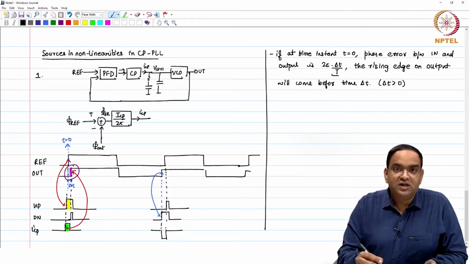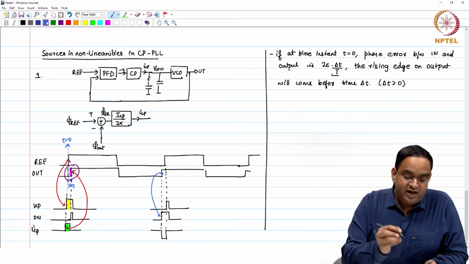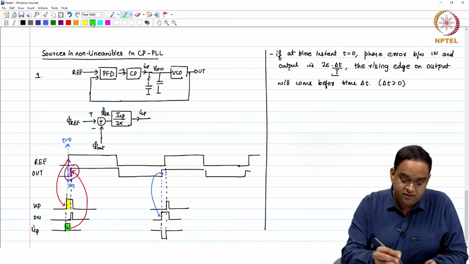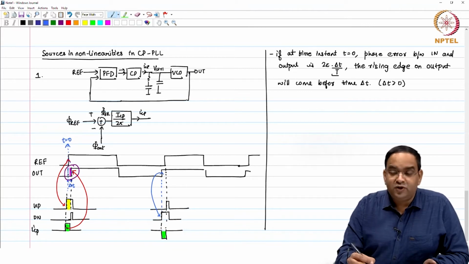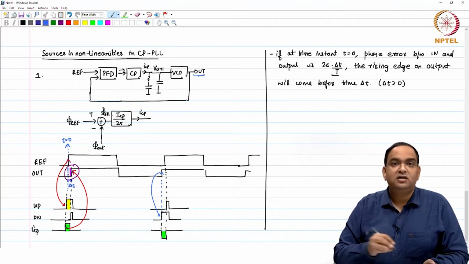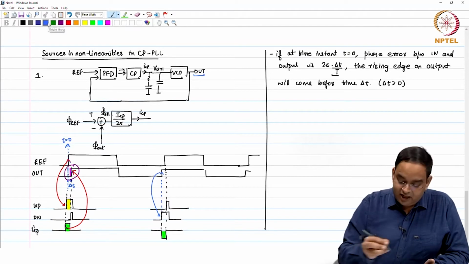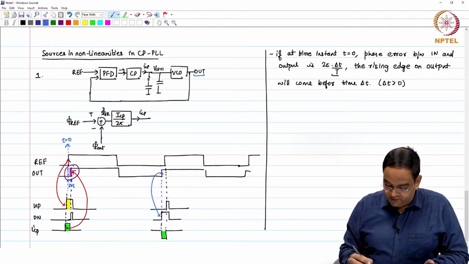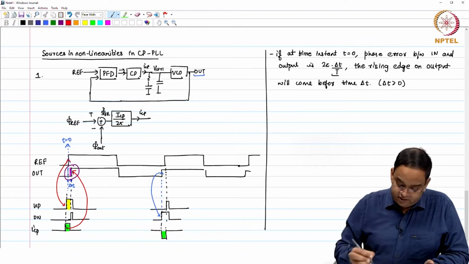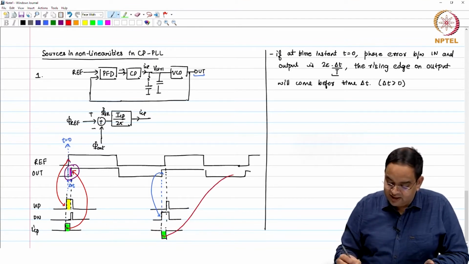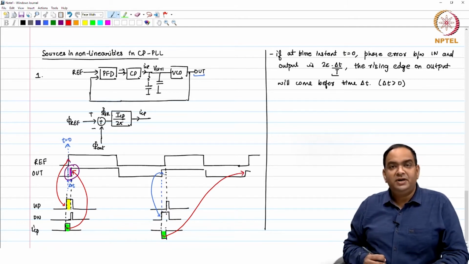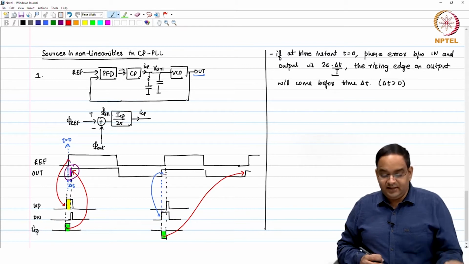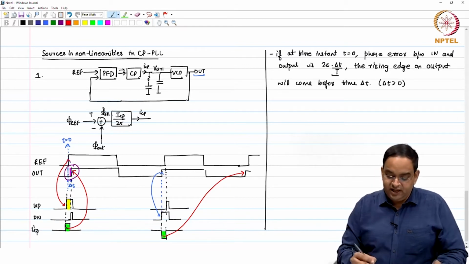So, the current reduces the control voltage, and when it reduces the control voltage, it is going to shift the rising edge at the output. This particular current is going to change the next rising edge at the output, because the rising edge at the PFD inputs has already happened here.